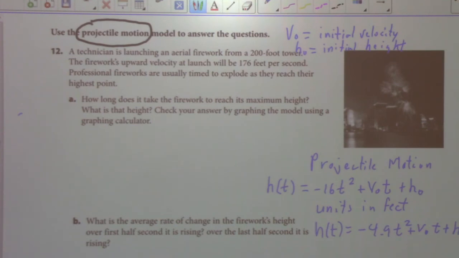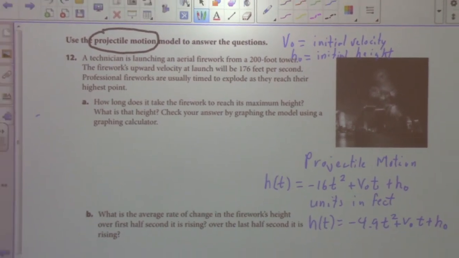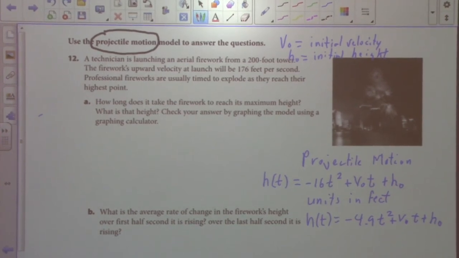So what is this formula or equation here? What is this equation going to be here? Any ideas? Close to yards. Units in meters.